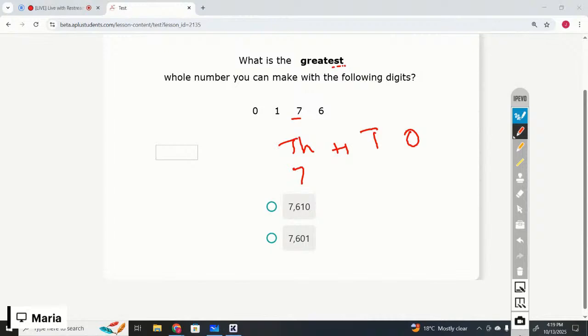Now from the rest of the three numbers, you need to write down the greatest number at the hundreds place. So 6 it is. Now from the rest of the two numbers, you need to write down the greatest number at the tens place. So which number is it? That is 1 and 0. So that is the greatest number you can make. That is 7,610.